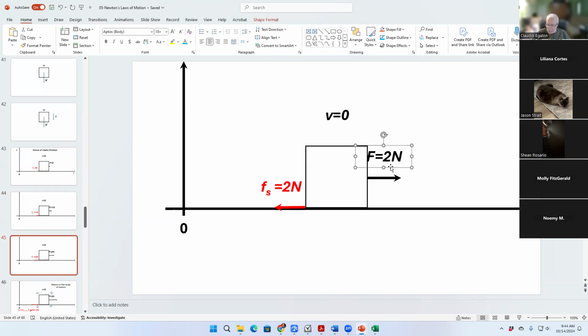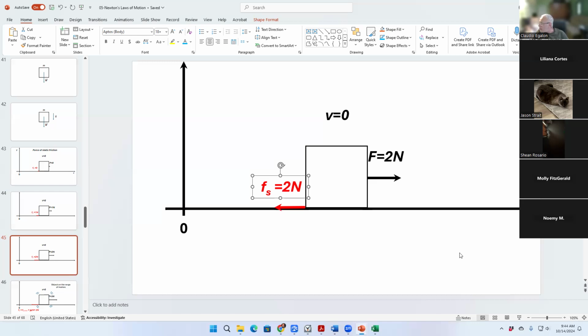And the object is still not moving. What does it mean? It means that we must have a force of static friction that's also 2 newtons. And by the way, this happens in real life, okay? It's not just here in my drawings, but in real life.